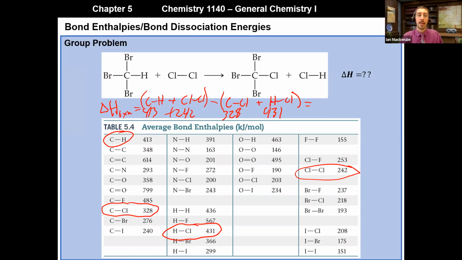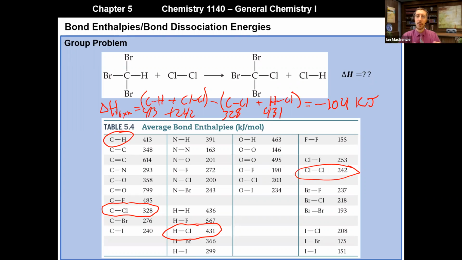So the net enthalpy of reaction here is going to be the same as the previous example. And I will come out with negative 104 kilojoules here.